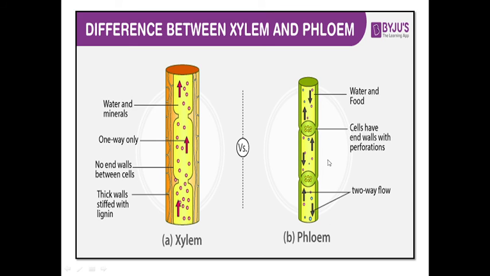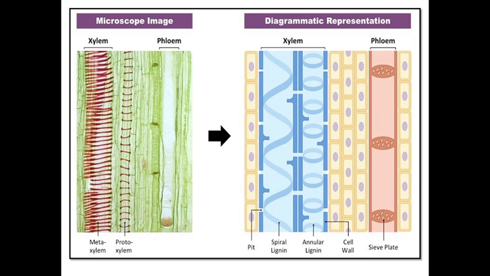But in the phloem, both upward and downward transportation happens. These are the microscopic images you can see here. This is the structure of xylem and this is the structure of phloem. In a diagram, you can draw the xylem like this and phloem like this.